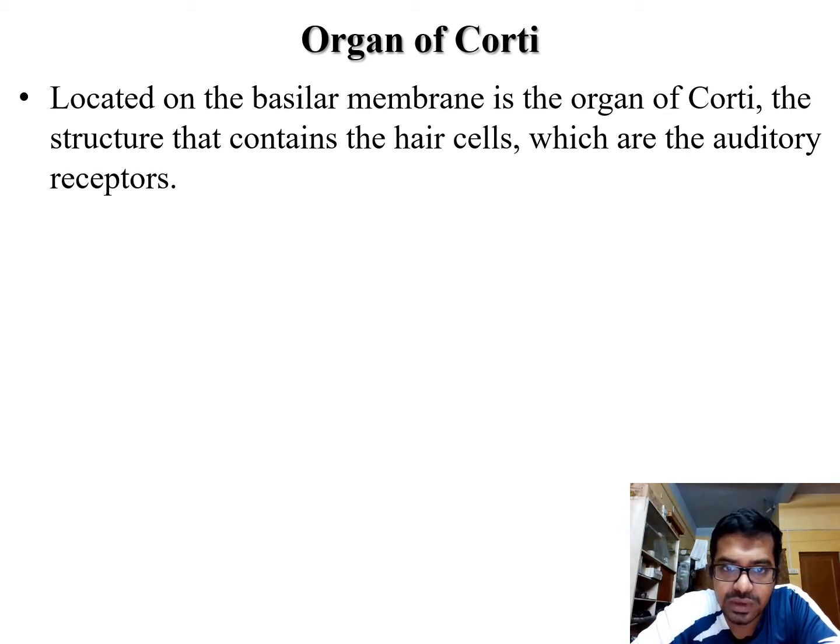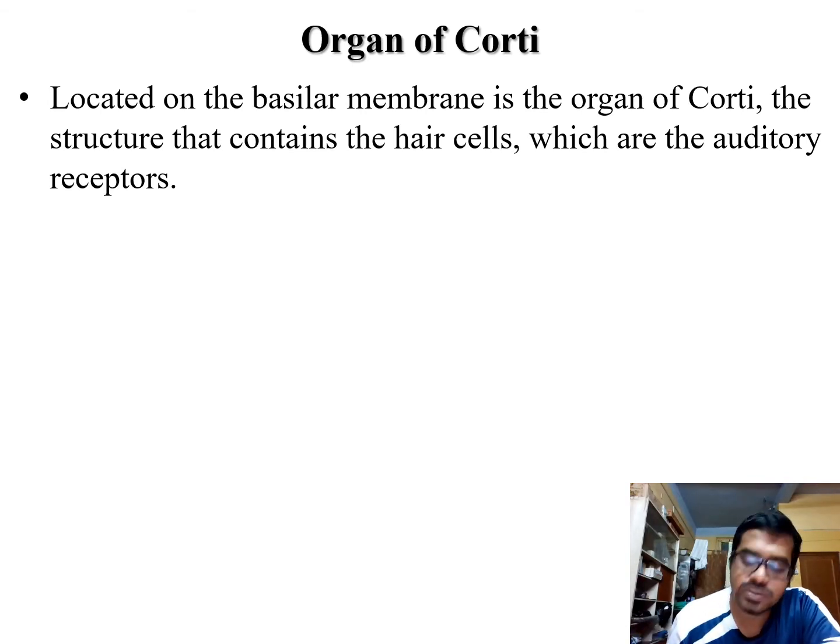Now this organ of Corti is important because it is the structure which holds the hair cells. As I have said, the hair cells are the auditory receptors. So the organ of Corti is the most important organ for hearing of the inner ear.